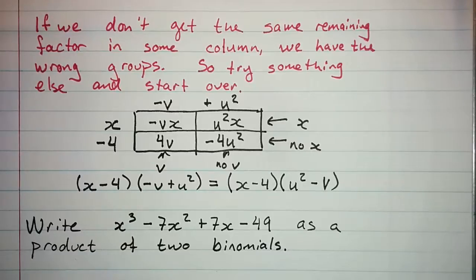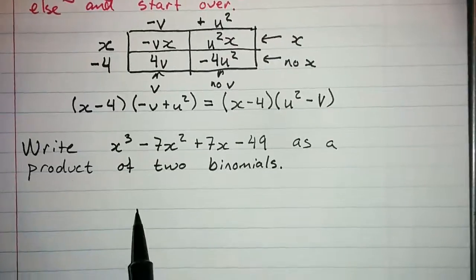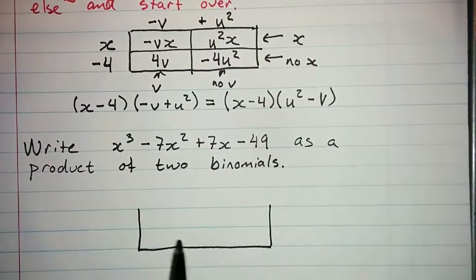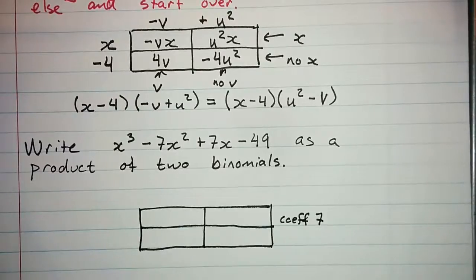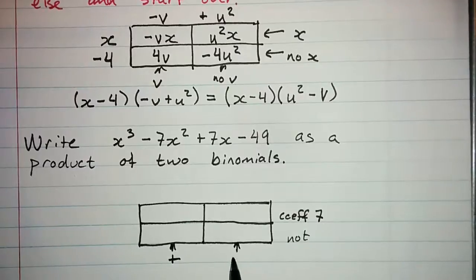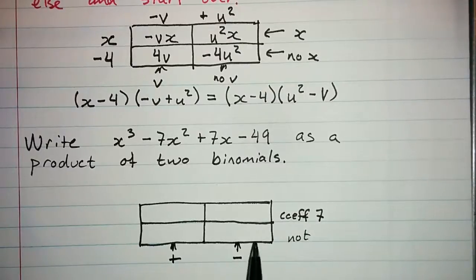All right, it might have taken you a couple of tries to find the right groups. It turns out that in this case, choosing, for example, coefficient 7 and not for my groups and then maybe positive and negative.